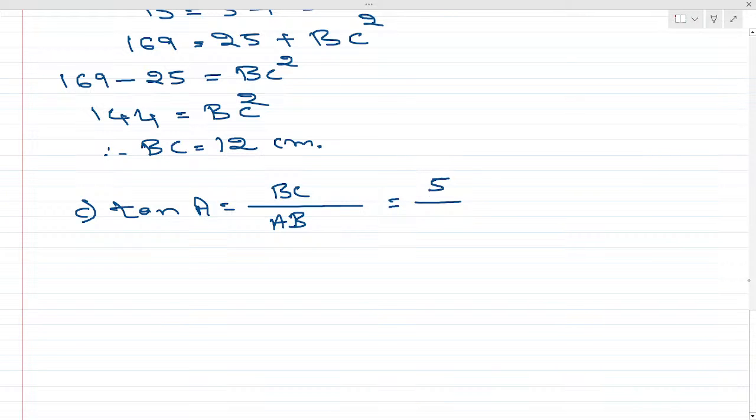BC is given as 5 centimeter and AB is 12 centimeter. So the ratio tan A is 5 by 12. The question D here is cos C. Cos C is adjacent by hypotenuse. For the angle C, adjacent being BC and hypotenuse being AC. So it is 5 by 13.